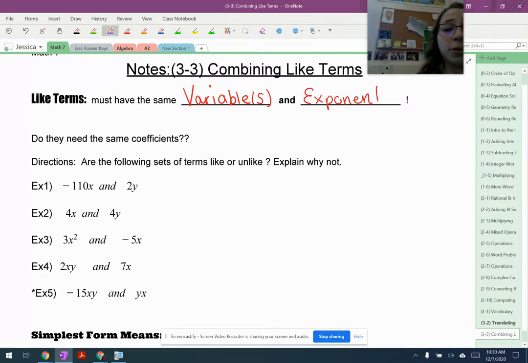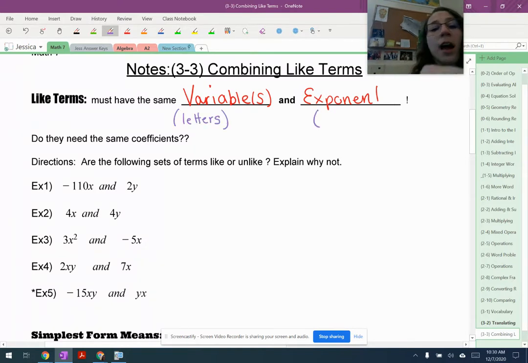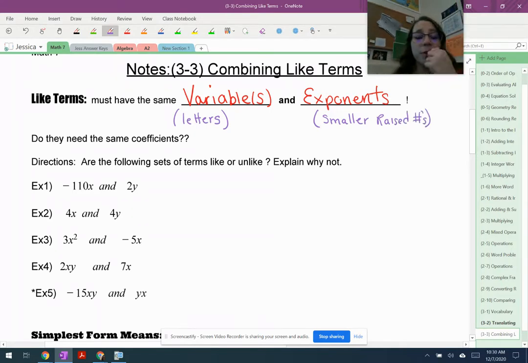So remember from those definitions that variables are those letters and exponents are those smaller raised numbers. So keep that in mind.